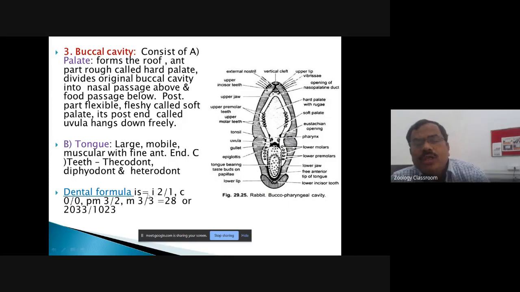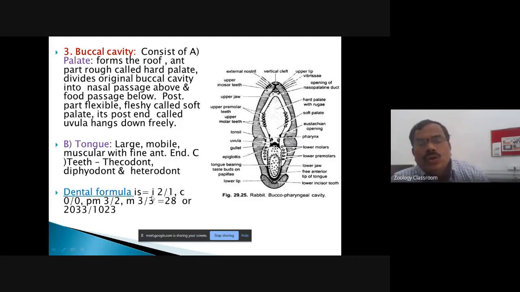Here I stands for the initial letter of incisor, C for canines, then premolars, and the molars. Now come to the incisor. Here 2 divided by 1 is shown. The upper figure indicates the number present in the upper jaw, and the lower figure indicates the number of teeth present in the lower jaw.